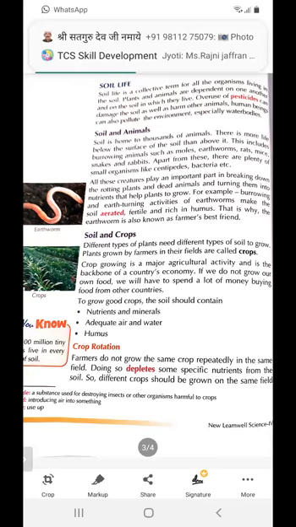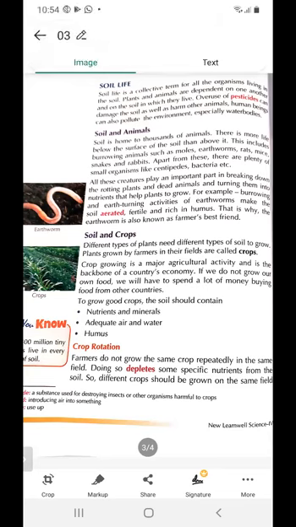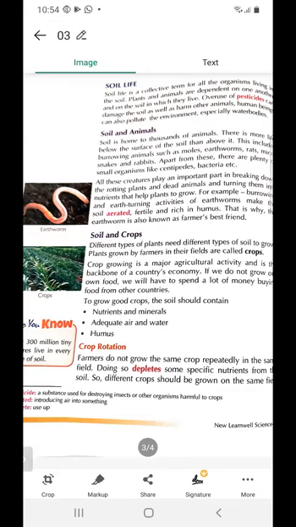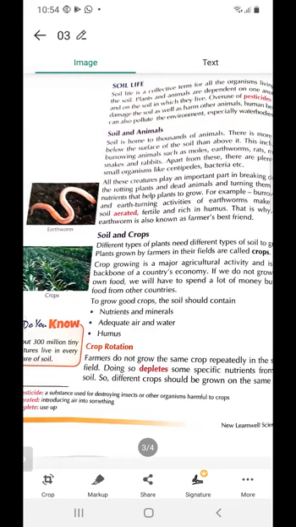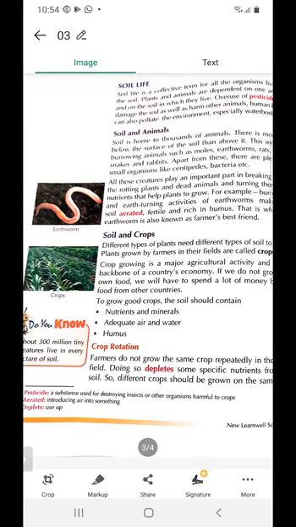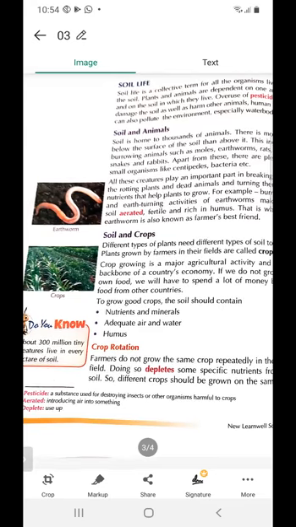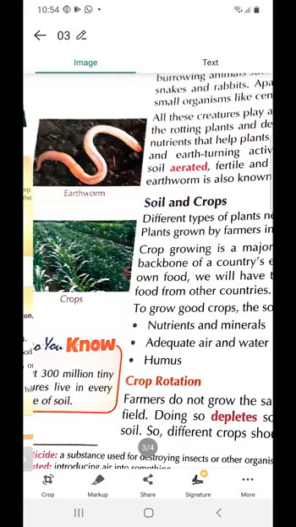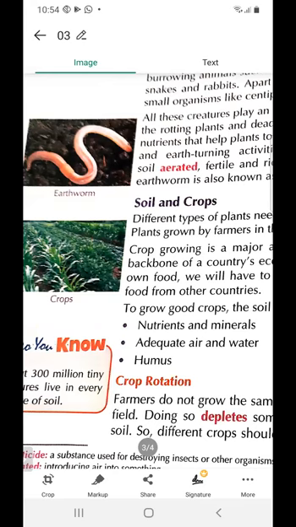So different plants need different types of soil. This is a picture of a crop. This is the plant growing in the fields. The plants growing in the fields are called crops.